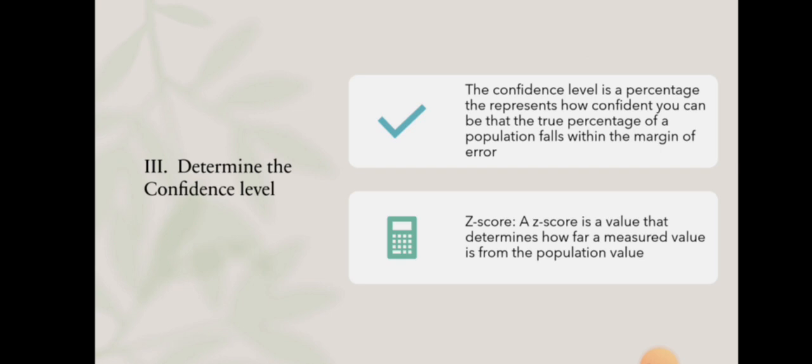Then determine the confidence level. What is the confidence level? Confidence level is a percentage that represents how confident you can be that the true percentage of the population falls within the margin of error. So it is the percentage of the population that falls within the margin of error.